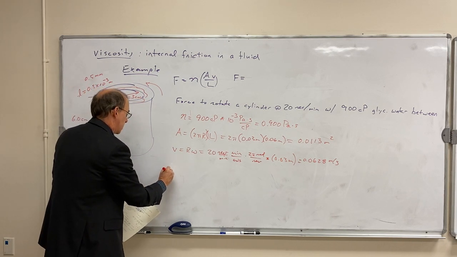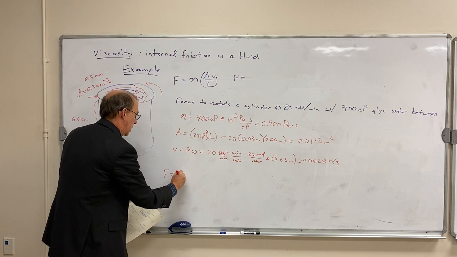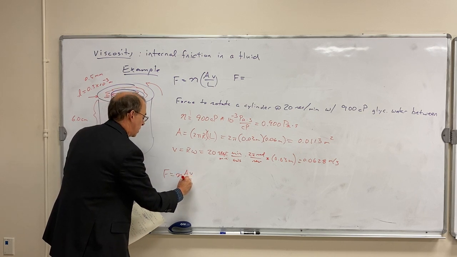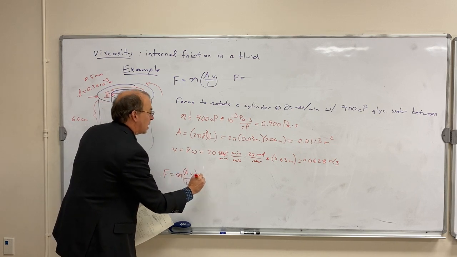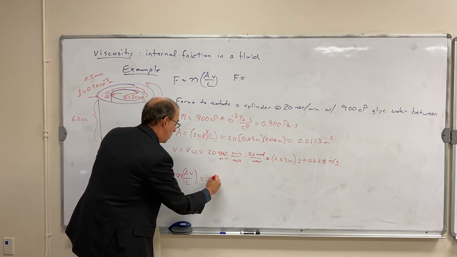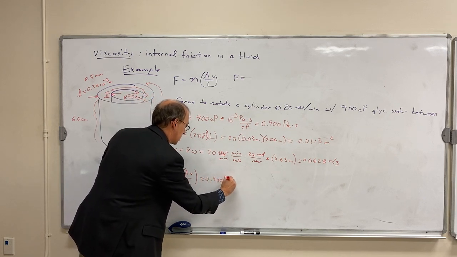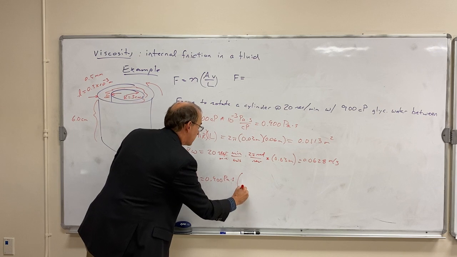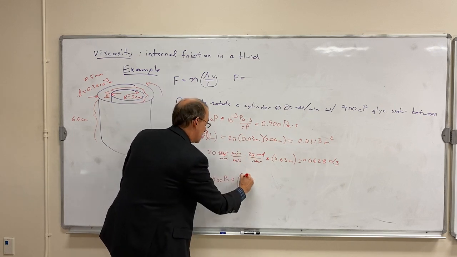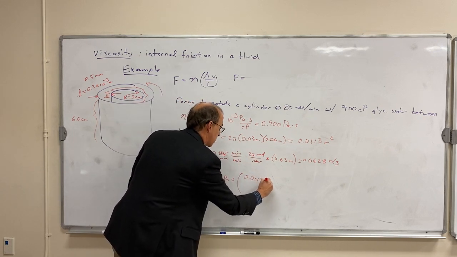So now we've got everything. Force is eta A V over L. Eta is 0.9 Pascal seconds. A is 0.0113 square meters.